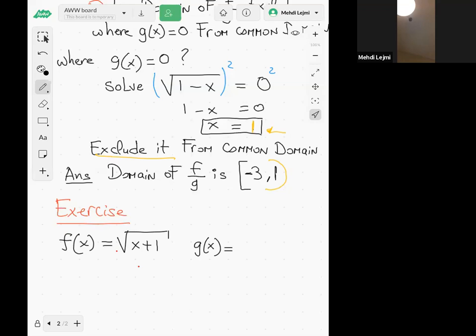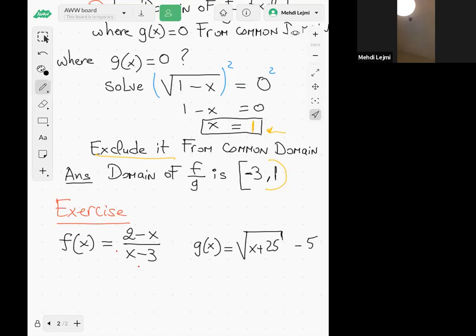Let's take a fraction and the square root. f of x is 2 minus x over x minus 3, and g of x is the square root of x plus 25, and then there's minus 5 outside.